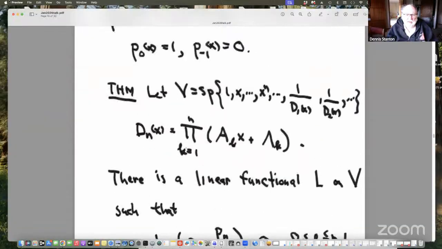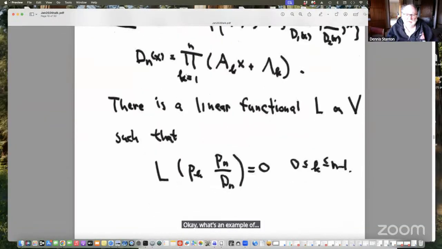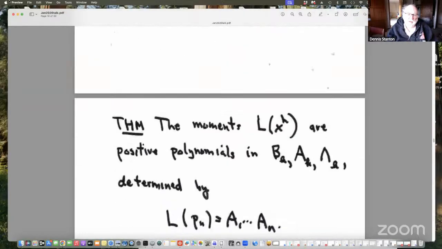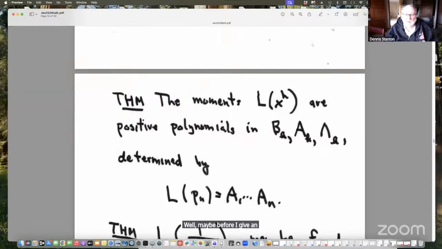Okay, what's an example of this type R1 stuff? Well, maybe before I give an example, let's think about the moments. The moments of this linear functional, L of x^n, are always positive polynomials in the 3-term recurrence coefficients. And we know the combinatorics of this in terms of lattice paths. That exists.